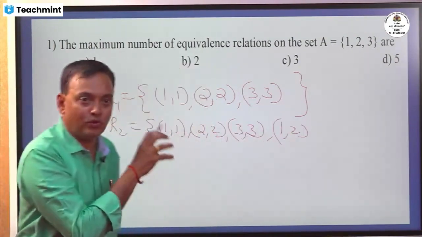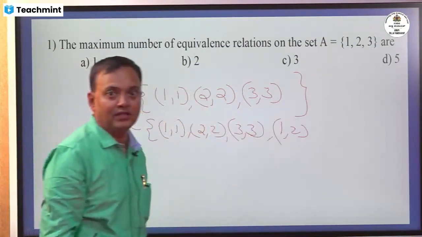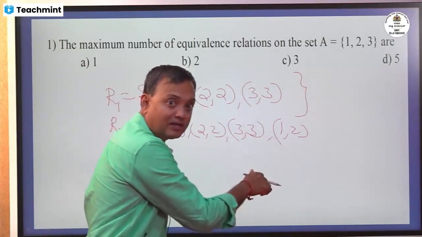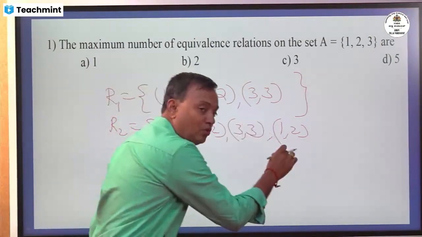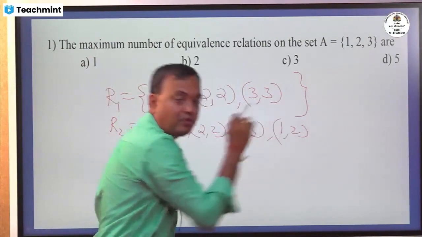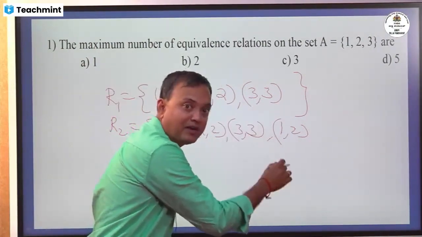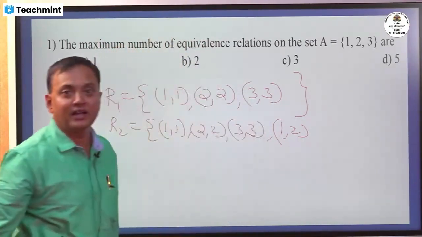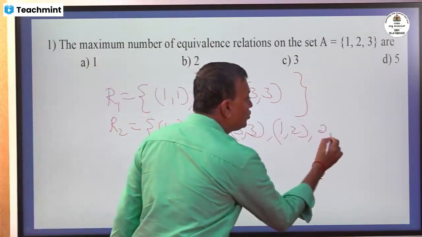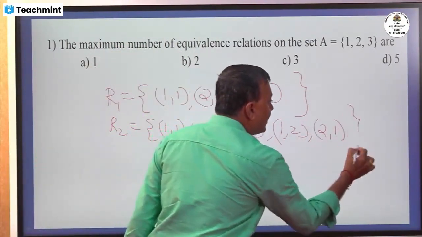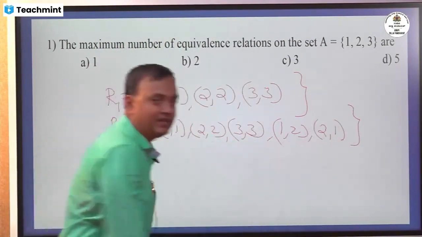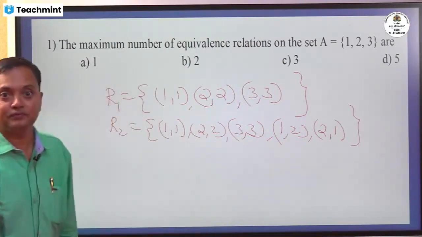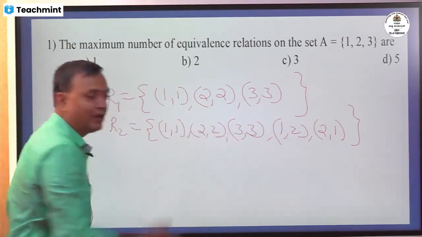Suppose only (1, 2) is there, then this is not equivalence: it is reflexive and transitive but not symmetric, because if (1, 2) is there, then (2, 1) must occur. Only then does this relation become symmetric and hence equivalence. So if only this one ordered pair is there, it won't be symmetric. Hence we have to take two distinct ordered pairs, (1, 2) and (2, 1), then this becomes reflexive, symmetric, transitive. Correct? Then only this is an equivalence relation.